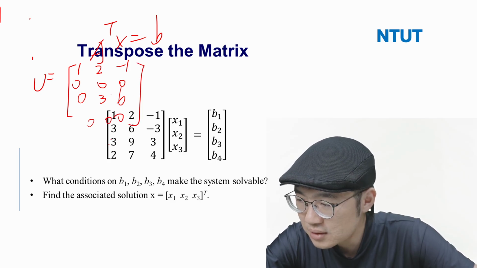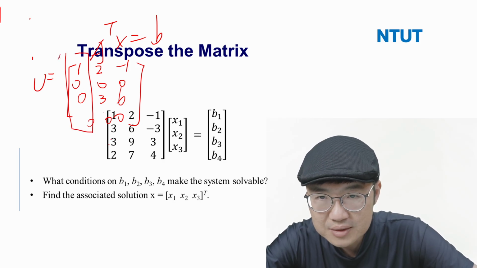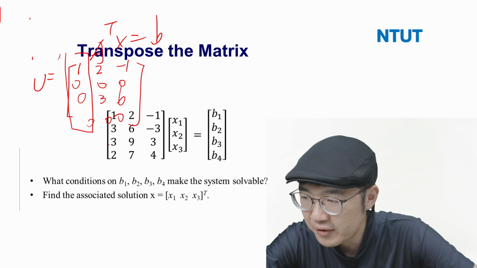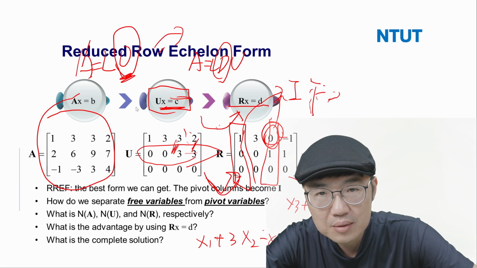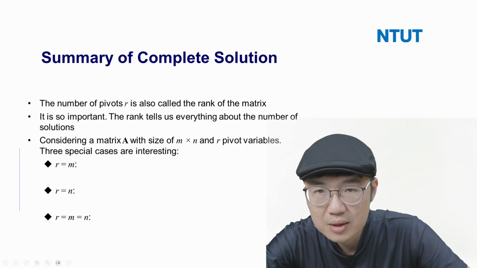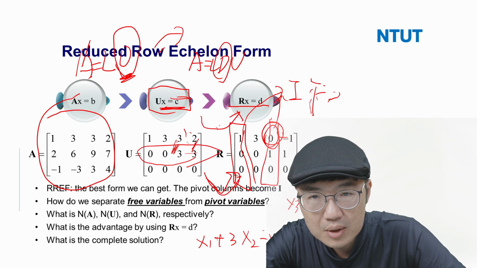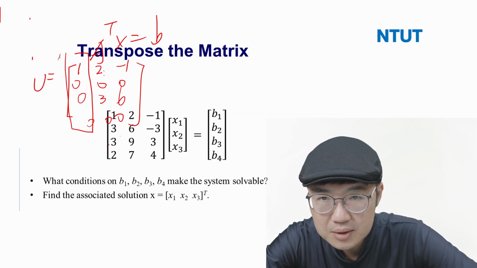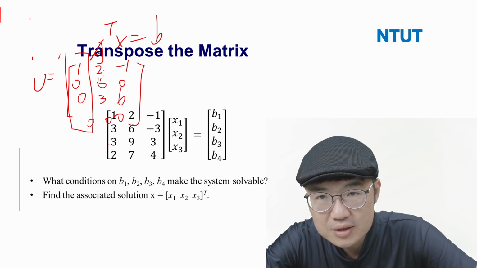Yeah, this is the structure of U. So this column contains a pivot variable. This column also contains a pivot variable. But can we stop here with 3, 6 considered? Yeah, 3 is the pivot. So this one is also a pivot variable.